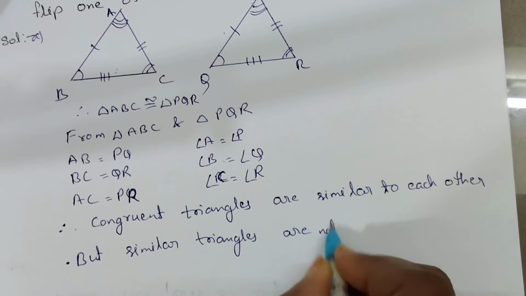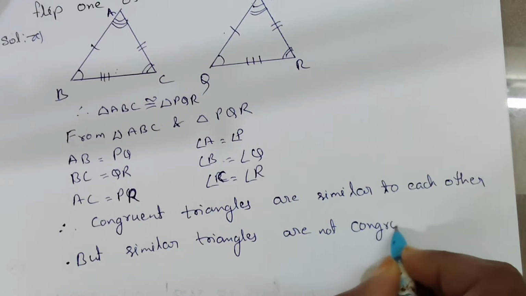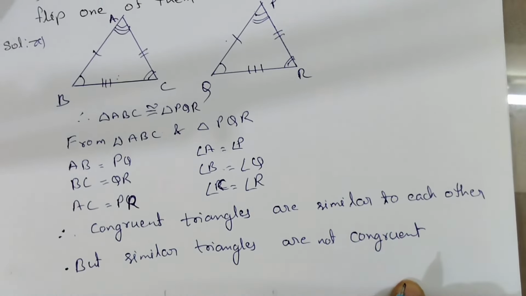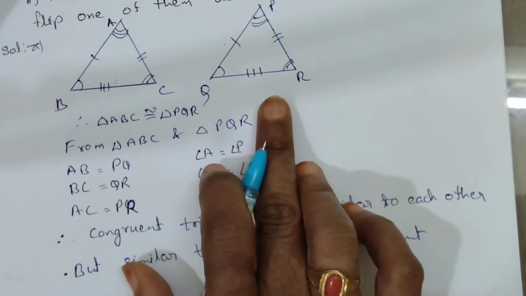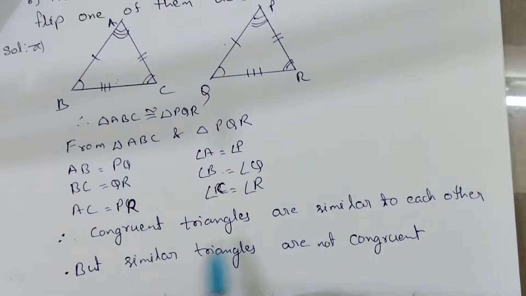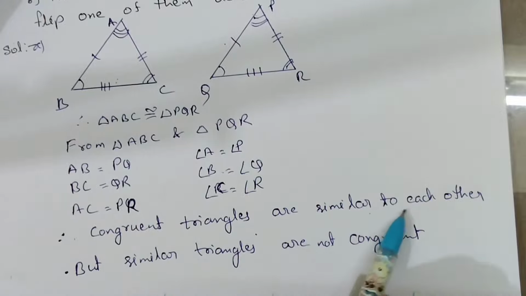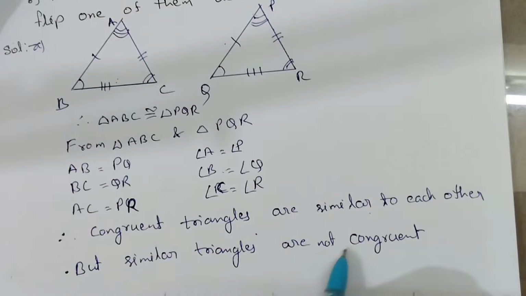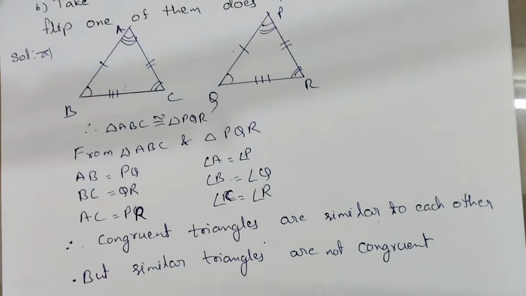So now these two triangles are congruent, and automatically these two triangles are similar. So congruent triangles are similar to each other, but similar triangles are not congruent. So this is the solution to the second one.